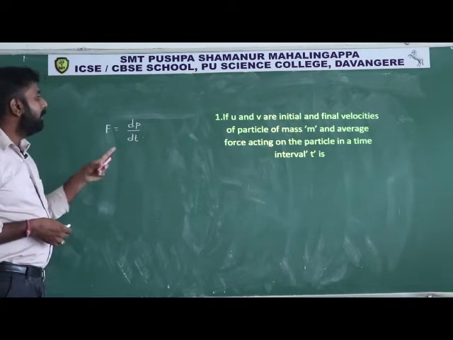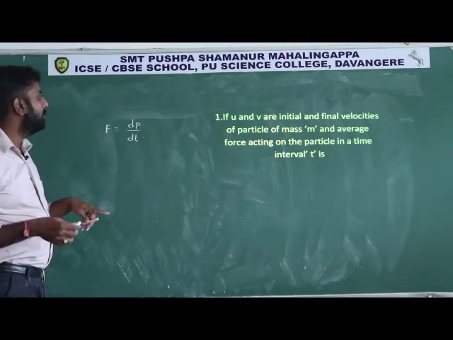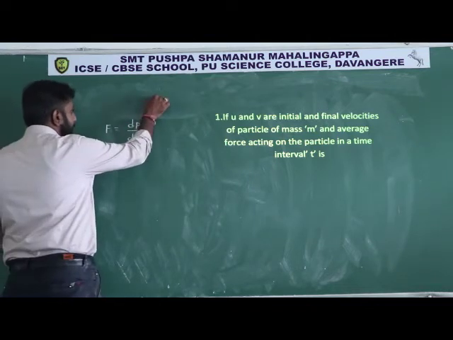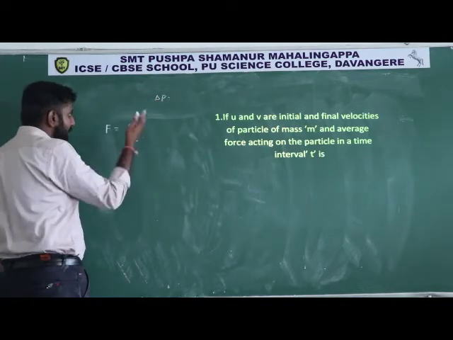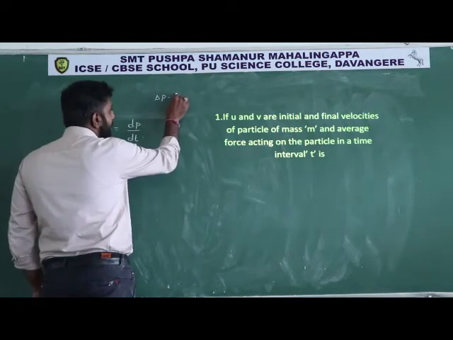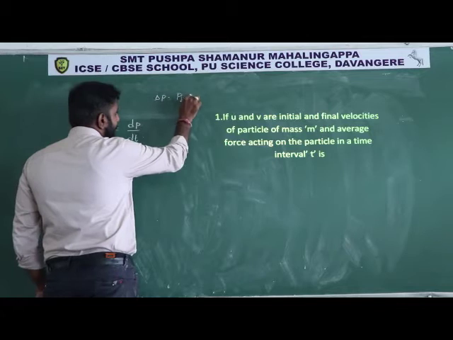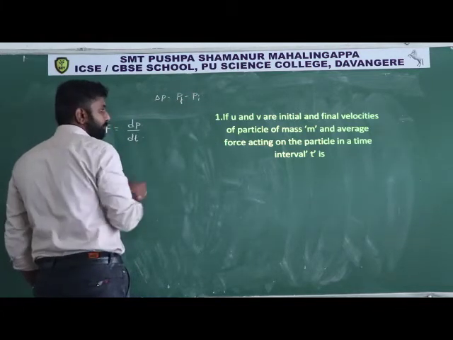This change in momentum dp you can also write as delta p. As t tends to 0, delta p by delta t becomes dp by dt. Now this change in momentum means, remember, final momentum minus initial momentum.